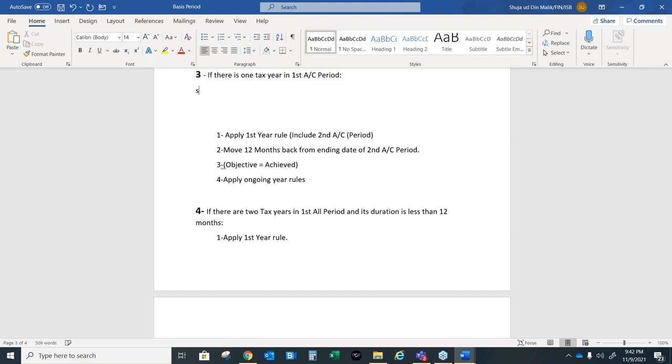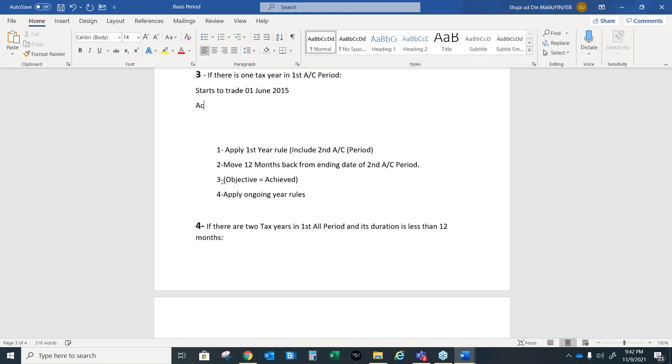A trader starts to trade on 1st June 2015 and prepares accounts till accounting date, that is 31st December 2015, having profits equal to 12,000. 12,000 is for the reference.